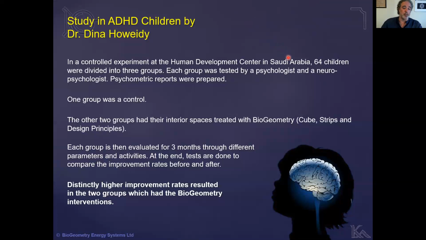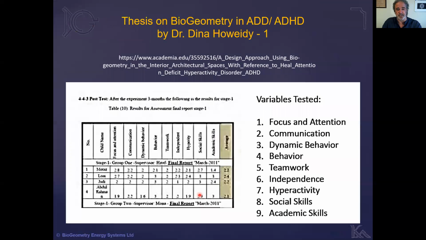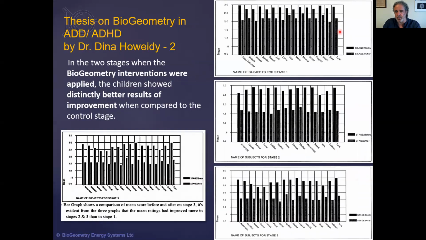And what was observed was a distinctly higher improvement rate in the 2 groups which had the biogeometry interventions. So we see Dr. Howady's data here. These are the variables that were tested: focus and attention, communication, behavior, teamwork, etc. I'm not going to go into detail here. You can see them in your own time.